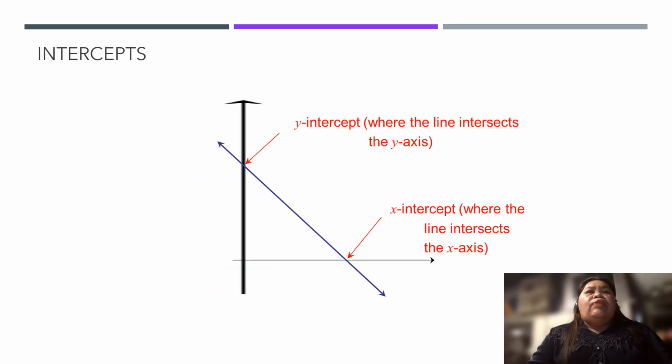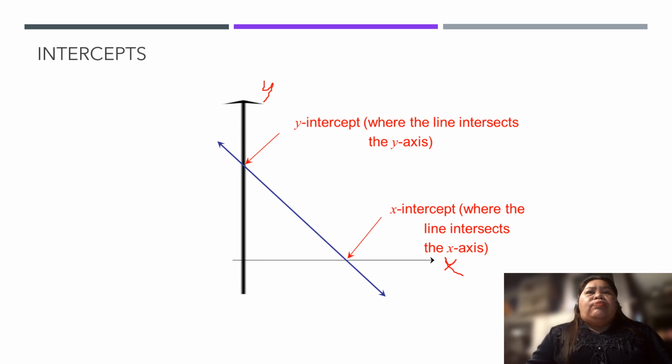Next, we have here the intercept. The vertical line is the y-axis, and the horizontal line is the x-axis.